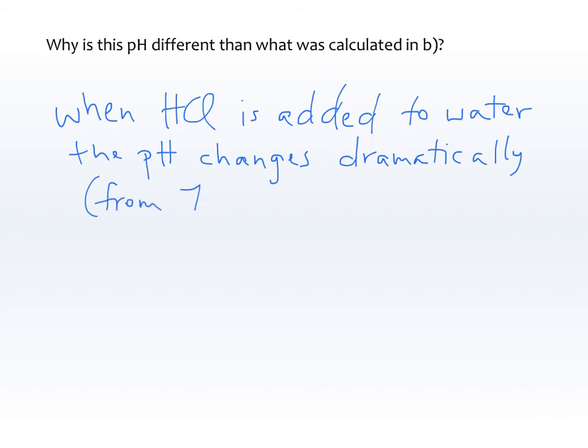Pure water is 7, and with the HCl, it changed to a pH of 2, because that HCl is the only source of H plus in your solution. But when you added the HCl to the buffered solution, there was also HAC in there, and so the pH didn't change significantly.